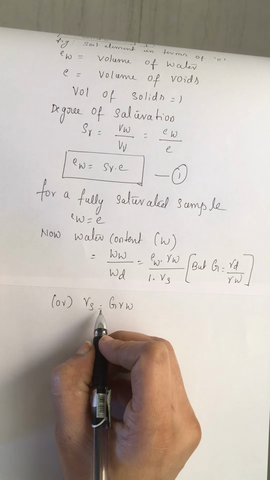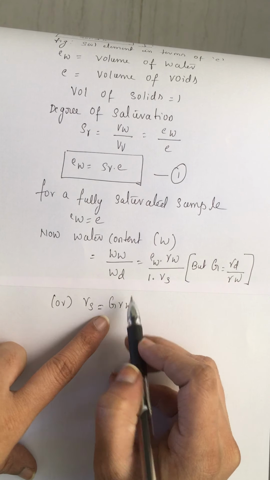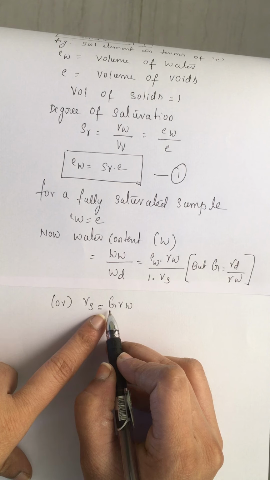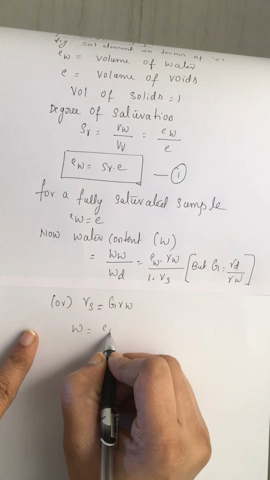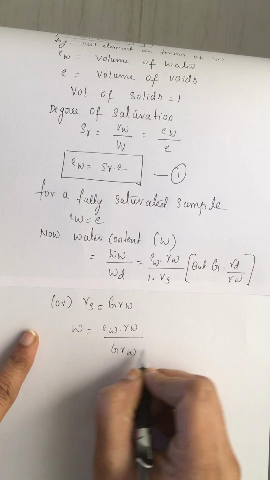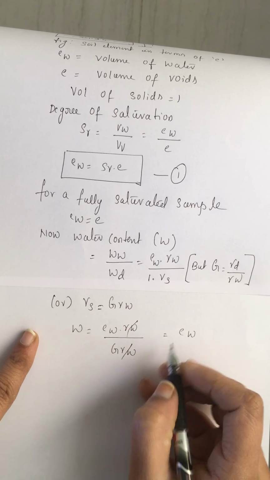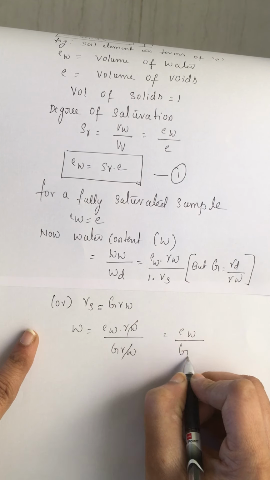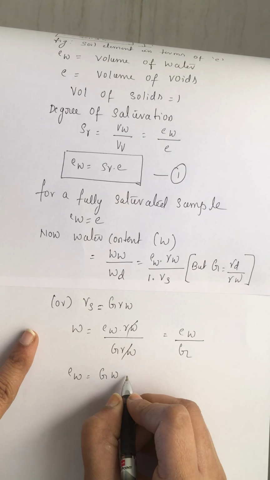So in terms of gamma s, you can substitute the value G gamma w. w is equal to ew into gamma w divided by G gamma w, that is gamma w and gamma w get cancelled, ew divided by G. So ew is equal to G into w.